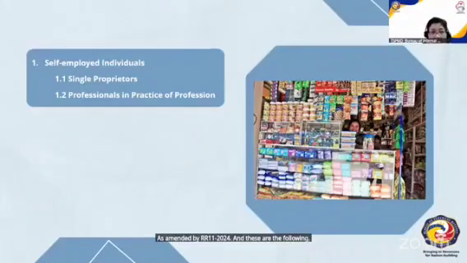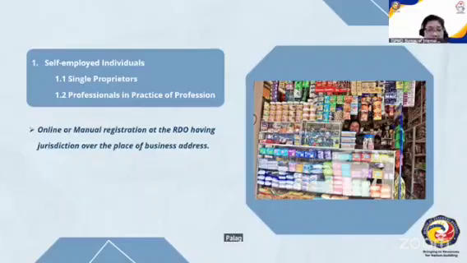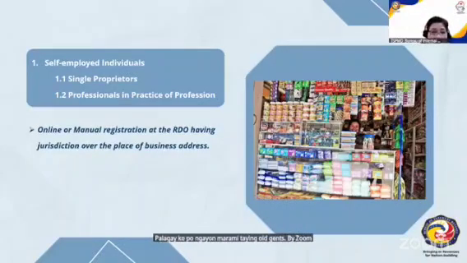First, we have the self-employed individuals, whether it's single proprietor or professionals in practice of profession. Ayan, palagay ko po ngayon marami tayong audience via Zoom and via Facebook ng mga single proprietors, professionals na nagpo-practice ng kanilang profession.